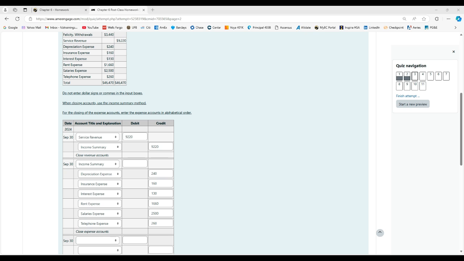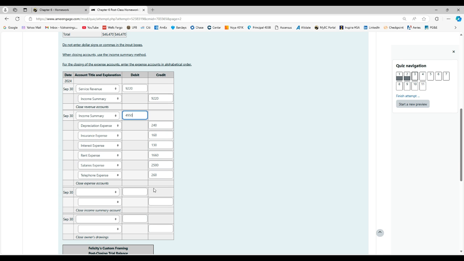Okay, and then we need to add all those together. And I got 49.50 by adding all those up. And then we're going to take the difference between the revenue and the expenses, and I got 42.70.